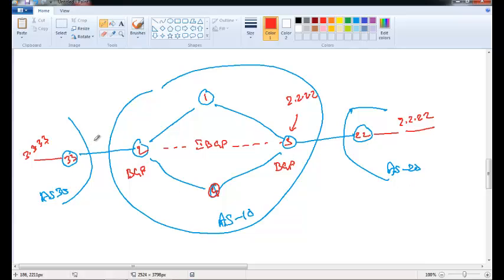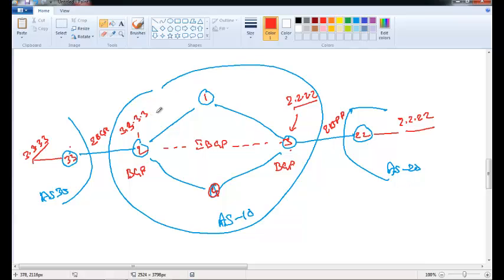Likewise, router 2 and router 33 are EBGPs. So now what happened? 22 is advertising the route to router 3, so router 3 knows about 2.2.2.2. Likewise, 33 is advertising 3.3.3.3, so router 2 also knows about 3.3.3.3.